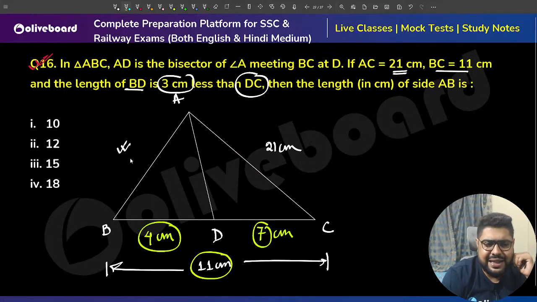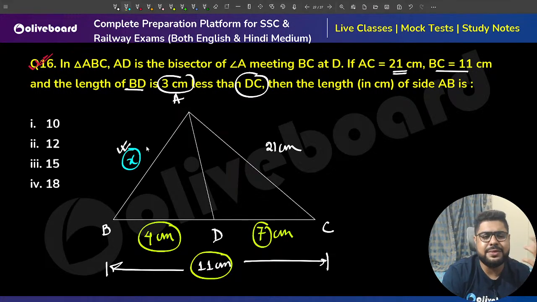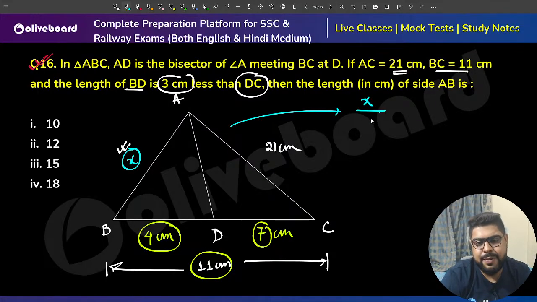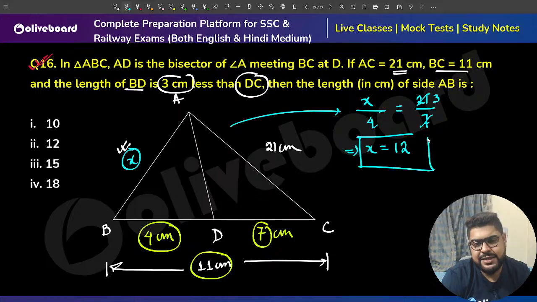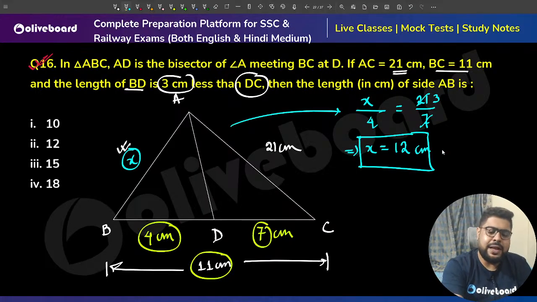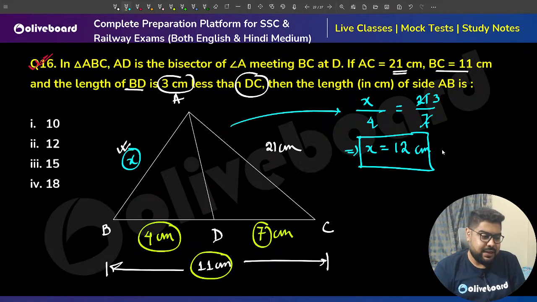Now anybody can figure out the rest. I am taking AB as X. By the angle bisector theorem, X by 4 is equal to 21 by 7. I'm doing it directly now, as we have already done enough questions. So X will be equal to 12 centimeters.